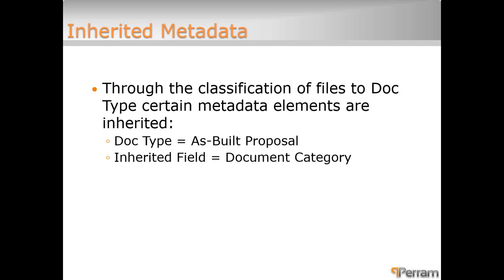That type of inheritance is something we want to keep an eye out for when developing our doc types. If we know it's this kind of doc type, then maybe we know it must be a drawing, or it must be a contract. So make a listing of those inheritance values that could be auto-populated based on that initial classification.